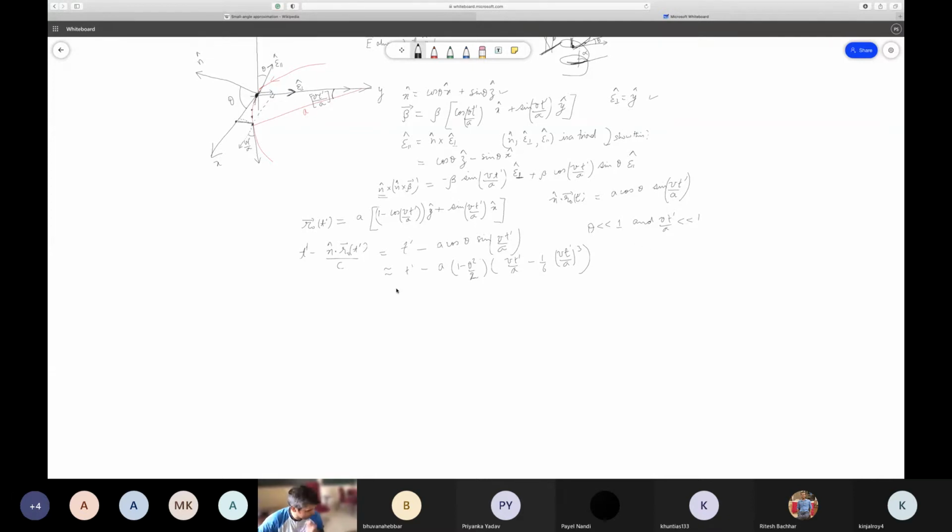The other thing that I do is beta is equal to V by C. It's almost 1, so 1 minus beta is like 1 by 2 gamma squared. So this is what I'm going to use. So V is equal to C basically.